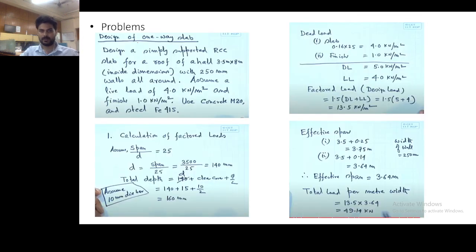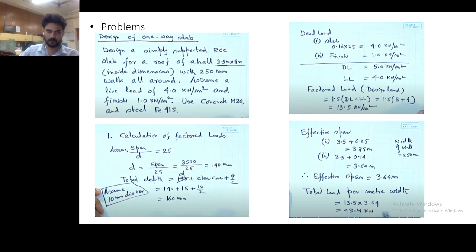Let's see one problem, and then we will apply all the formulas and try to understand them one by one. In this, the problem is the design of a one-way slab: a simply supported RCC slab for a roof, with dimensions given as 3.5 meter by 8 meter inside dimension, with 250 mm wall all around.